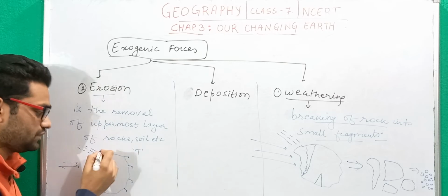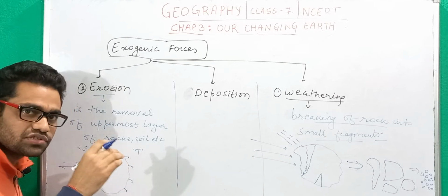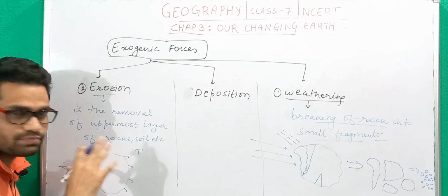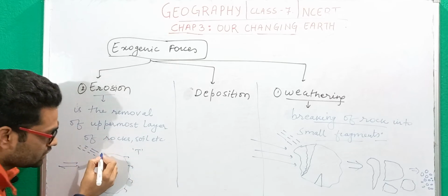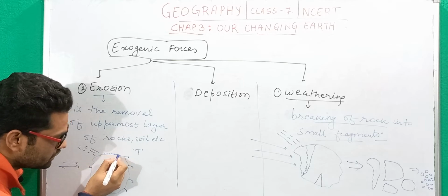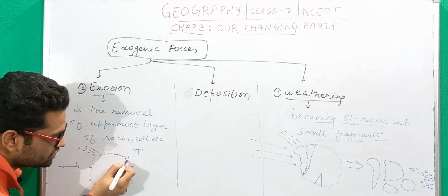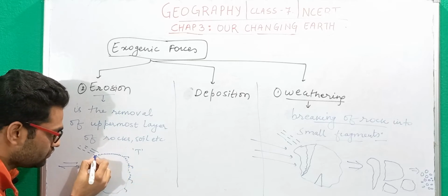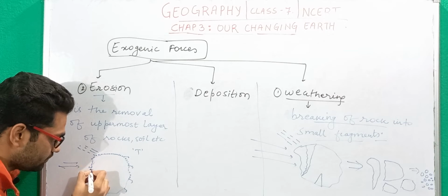Over a period of time the uppermost layer somehow gets detached from this main parent rock, and it gets broken into very tiny pieces in granular form.